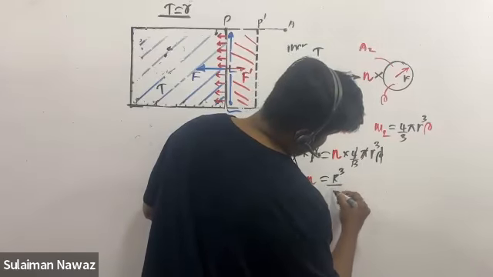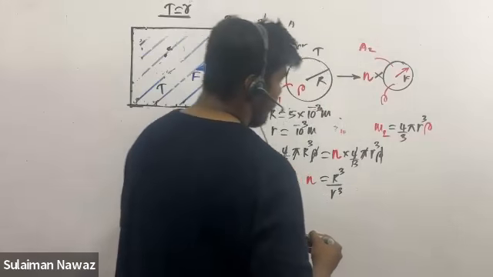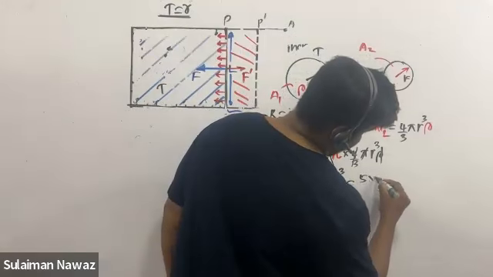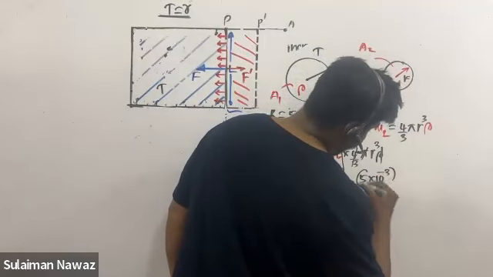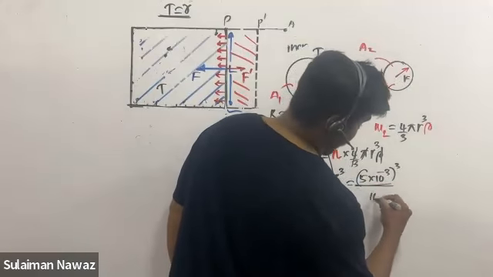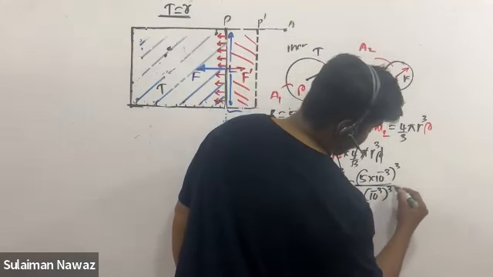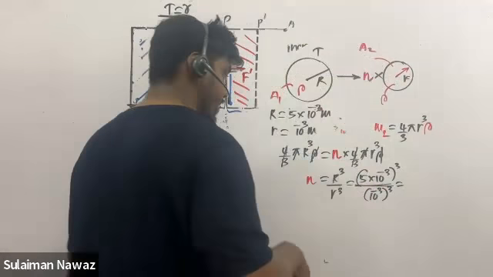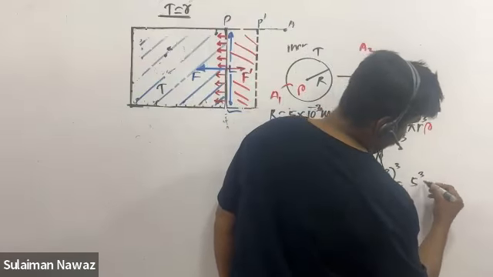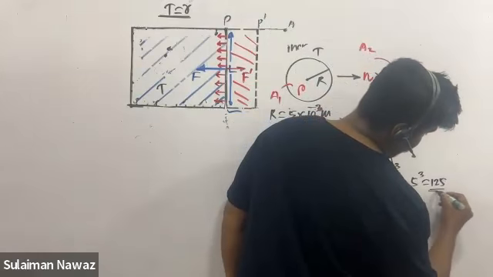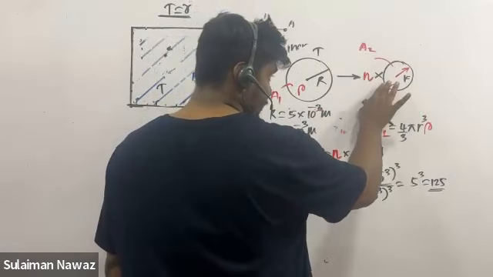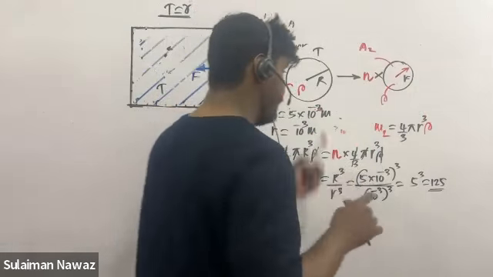Capital R is 5 times 10 to the minus 3, over small r, 10 to the minus 3, cubed. The minus 3 cancels out and I get 5 cube, that means 125. I can divide into 125 small droplets of radius 1 millimeter.